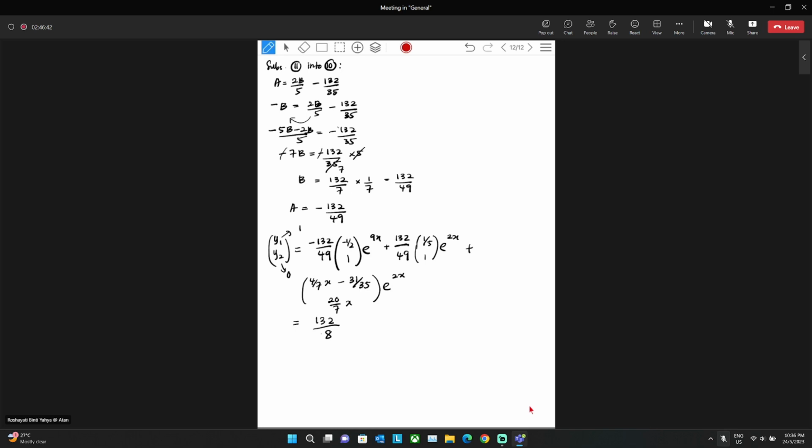And then negative 132 over 49 exponential 9x.